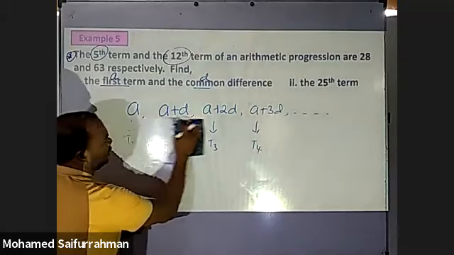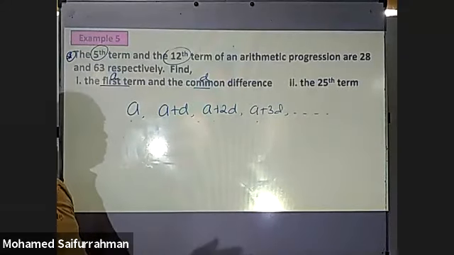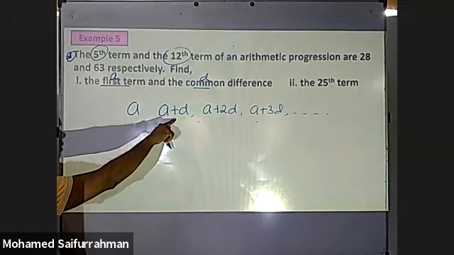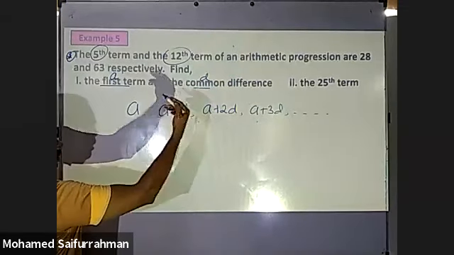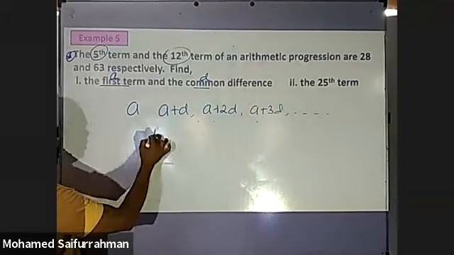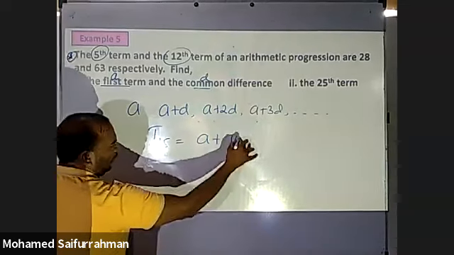So, according to this, in an arithmetic progression, first term is a, second term a + d, third term a + 2d, fourth term a + 3d. So 15th term is a + 14d.